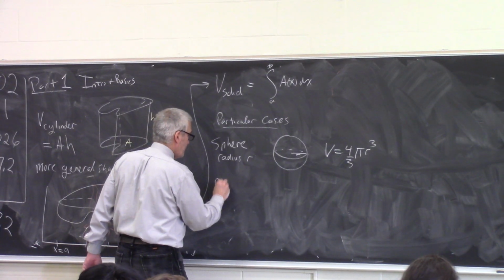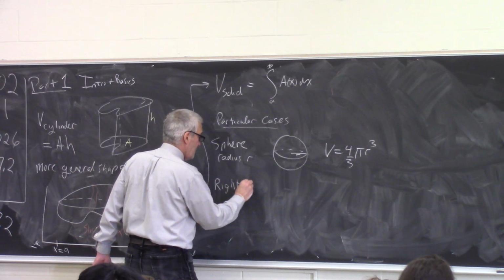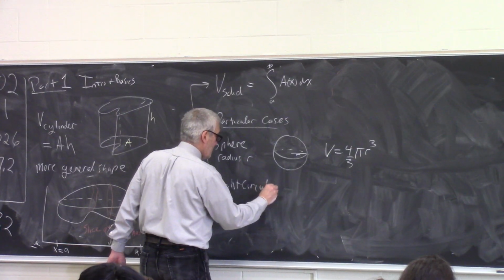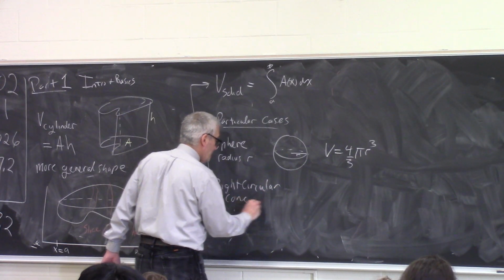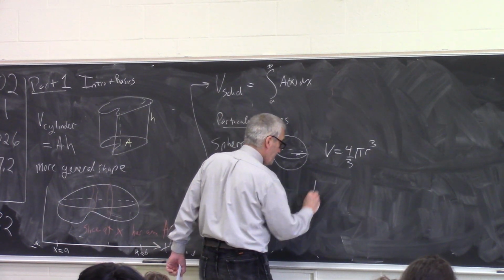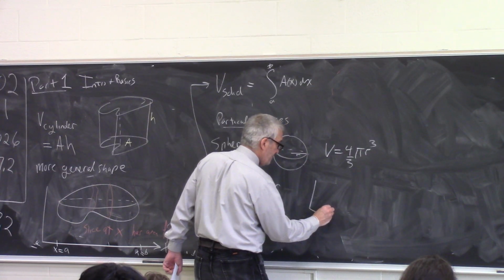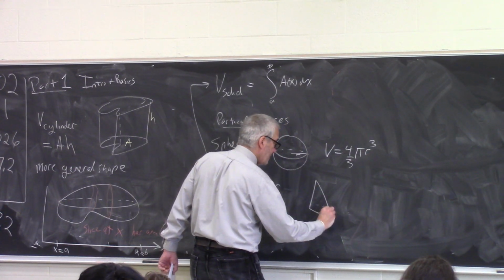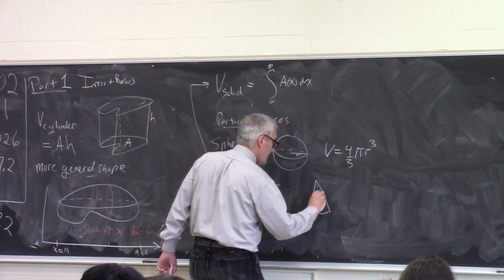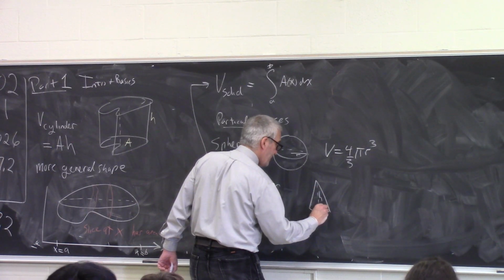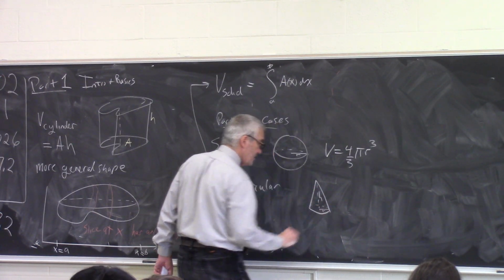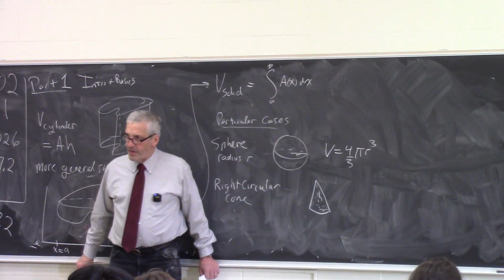A right circular cone. So here we have something that has a circle as its base, and it has height h and radius little r. Who remembers what that volume is?